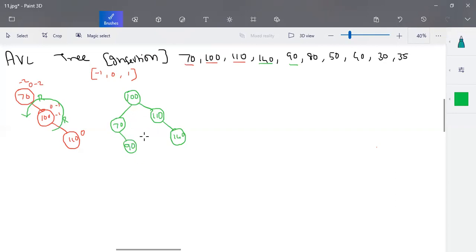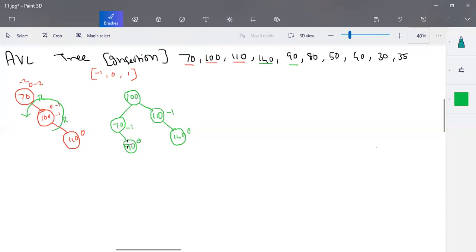Okay, now calculate the balance factor. For the leaf node, it is 0, no children. For 70, the left subtree height is 0 and the right subtree height is 1, so 0 minus 1 is minus 1. For 110, no left subtree and one right subtree, it is 0 minus 1, minus 1. And for 100, the height of the left subtree is 2. To calculate it, take the longest branch that reaches the leaf and count the number of edges.